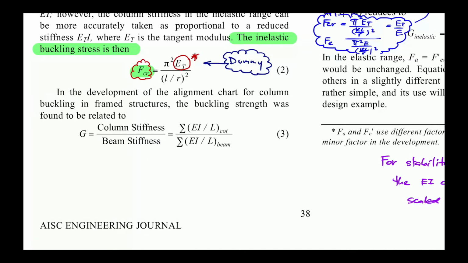Let's take a look at it. So the G, which is used in the alignment chart, is just the ratio between the column stiffness and the beam stiffness. For the column stiffness, you take the summation.